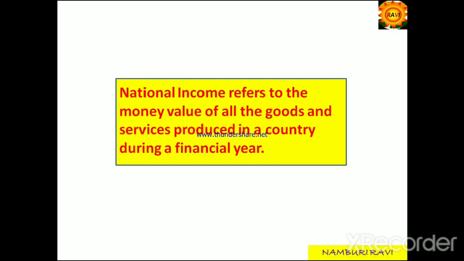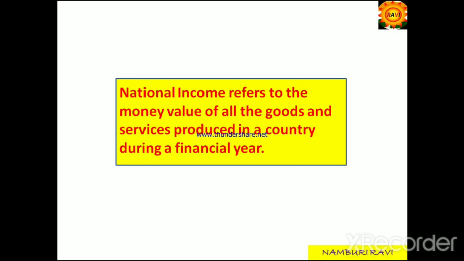The gross domestic product means the money value of all the final goods and services which are produced in a country during a financial year. Generally our financial year begins on the 1st of April and ends on the 31st of March.